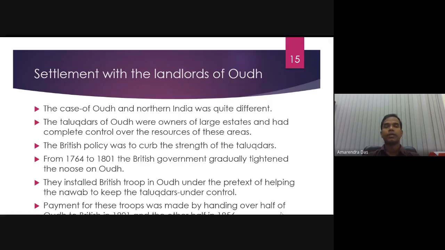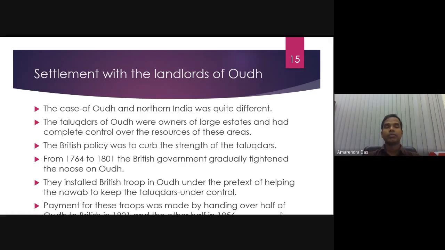And from 1764 to 1801, the British government gradually tightened the noose on Oudh. The British tried to play some politics, and that's how they installed British troops in the Oudh region under the pretext of helping the Nawab to keep the talukdars under control.